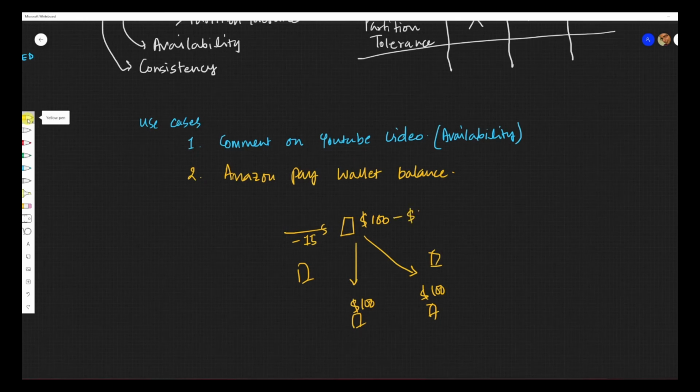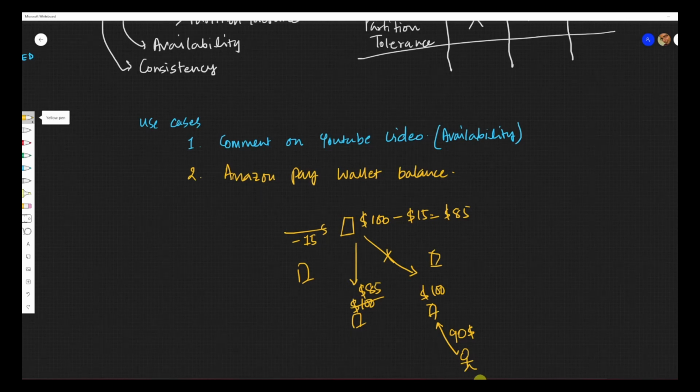So it is deducted from here, and it's showing me that I have 85. So this is updated to $85, but this update has failed. So what if next time I want to purchase something, my request goes over here and I am trying to purchase something worth $90? It can happen, right?